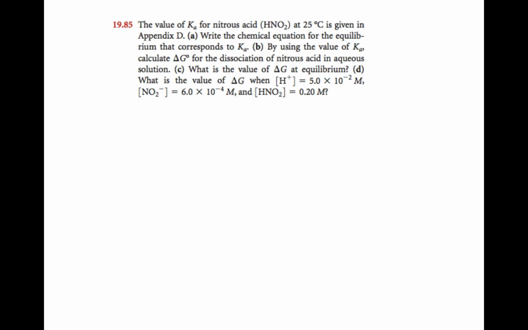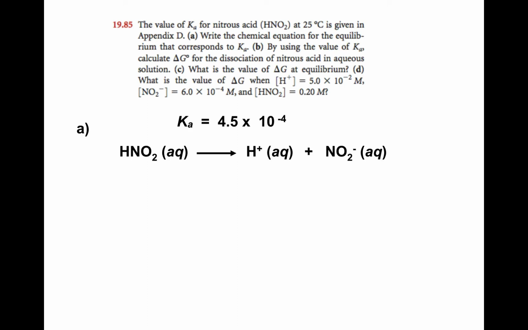The Ka value for nitrous acid is given in Appendix D. A, write the equation for the chemical equilibrium that corresponds to Ka. All right, Ka represents the ionization of a weak acid. B, by using the Ka, calculate the delta G at standard conditions for the dissociation of nitrous acid.